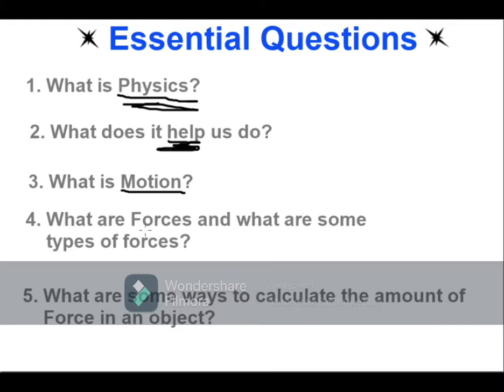Okay, next question, 4. What are forces and what are some types of forces? Forces are the interaction where the object is not resisting the force since it's causing the movement. An example of this is gravity.